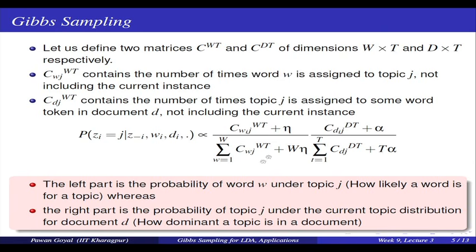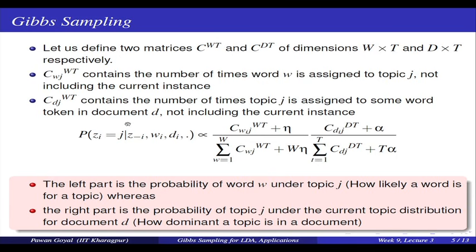The left part here is the probability of the word w under the topic j, that is, how likely the word is for a topic, and the right part is the probability of topic j under the current topic distribution for document D. This is what we had seen in the previous slide when we were doing it on paper. Now this will give you the probability distribution over all the topics given this token.